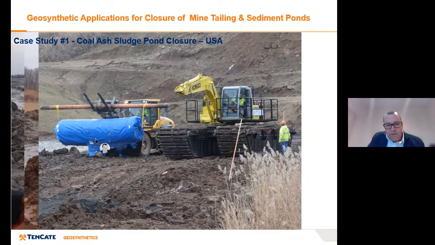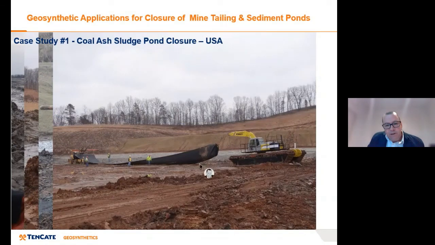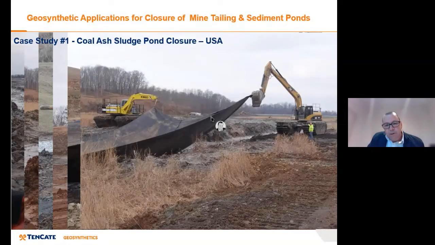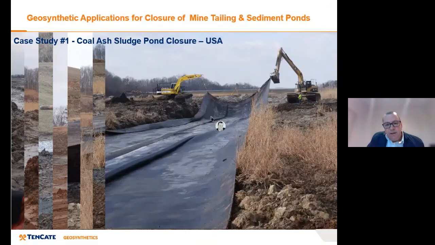You've got rolls of woven geotextile. In this case, it looks like it's only 2 rolls wide. There's one seam down the middle getting pulled out. There's the seam there. They're pulling it in a certain way such that the material doesn't rip or tear, and just pulling it out progressively, placing it down.